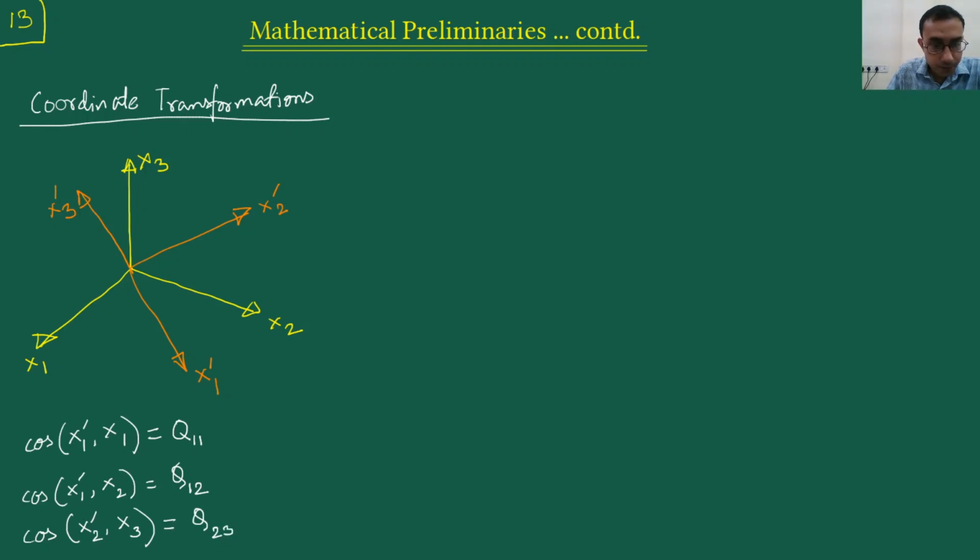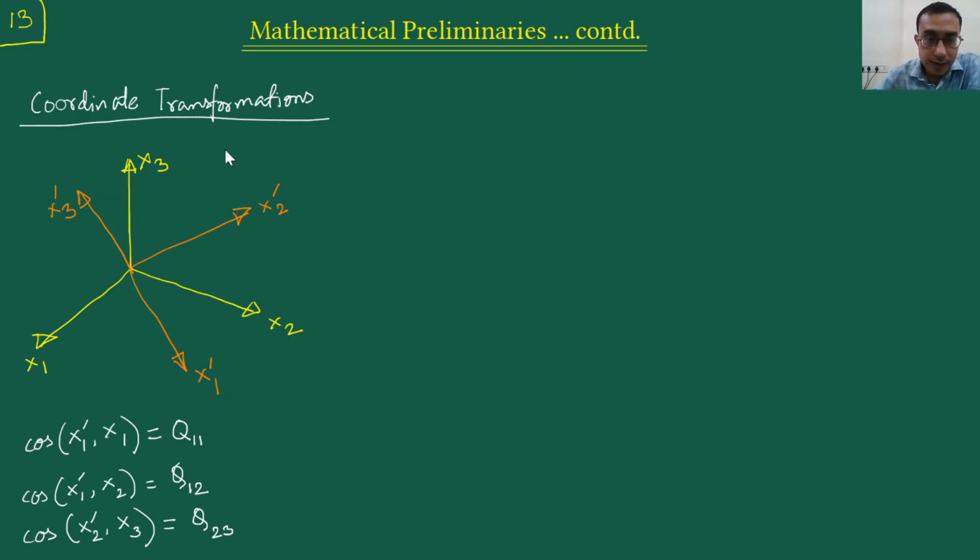And the cosine of the angle that the x3 axis makes with the x2 dash will also be q23. Okay, now how can these be utilized in establishing the connection between these two coordinate axes?